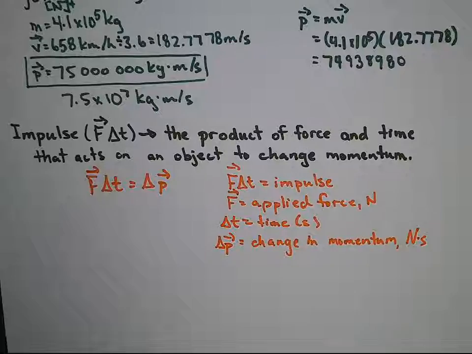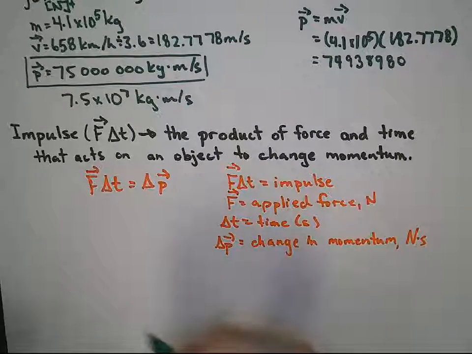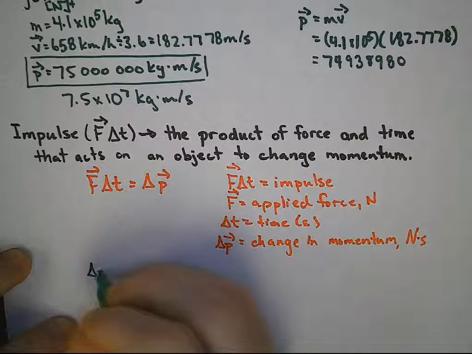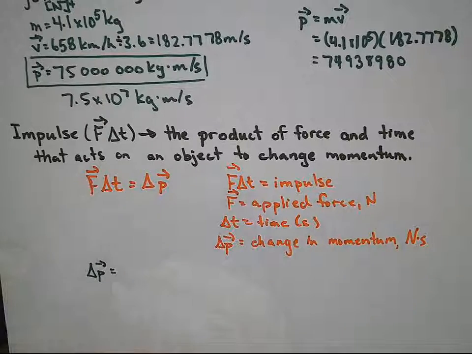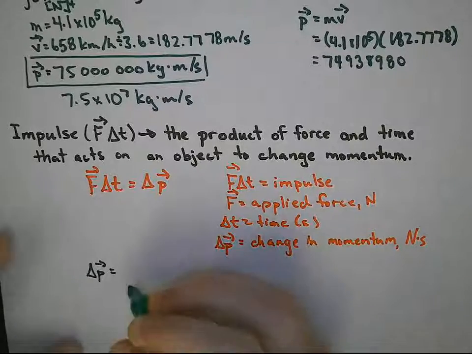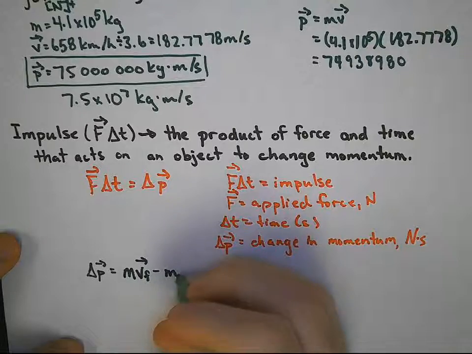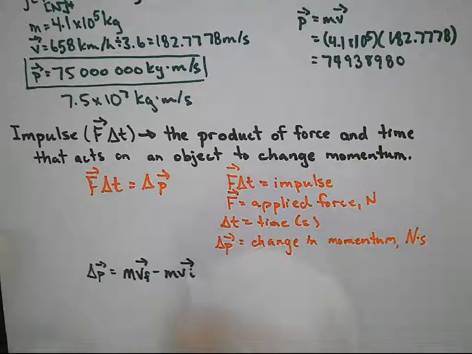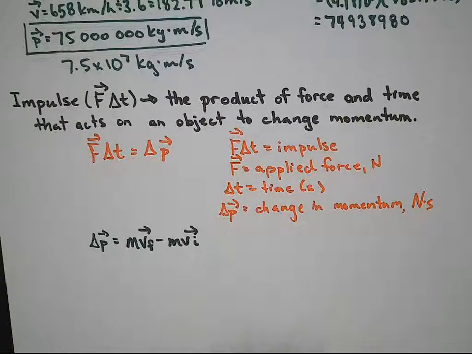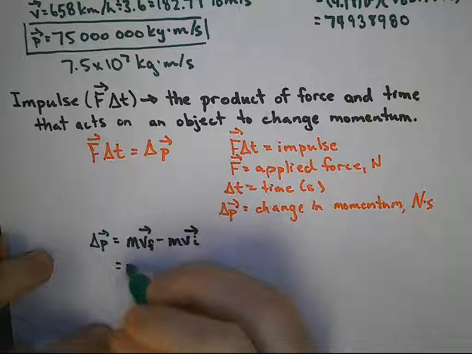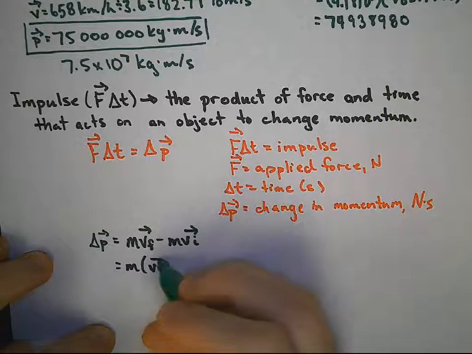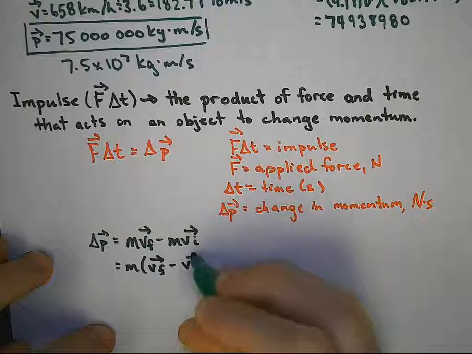Let's look at this delta P for a second. Delta P is our change in momentum, and remember that momentum is merely mv. So therefore, this would be mvf minus mvi. Factoring, that tells us that it's m times vf minus vi.